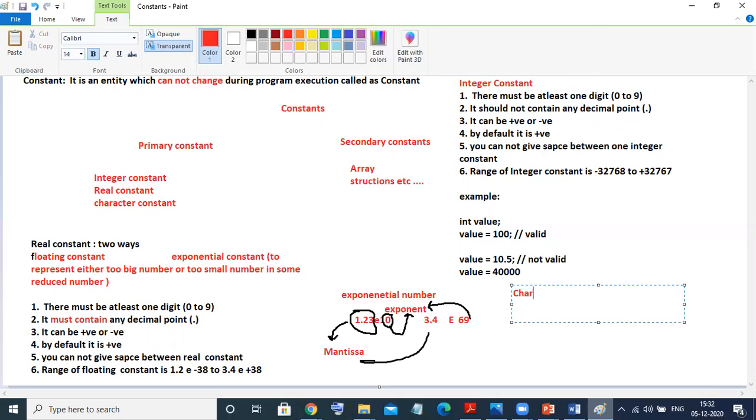And finally, the last constant that we are going to see is the character constant. If you remember carefully, in my first video, when I taught the character set, what is the definition of character set? It is the collection of alphabets, digits, and special symbols.